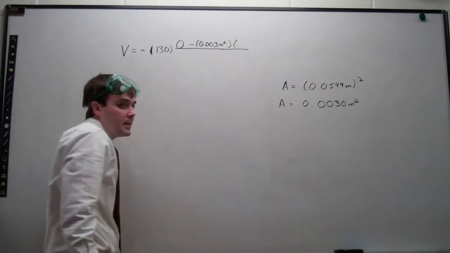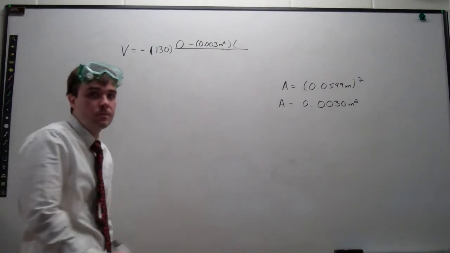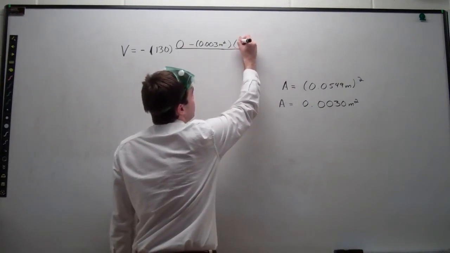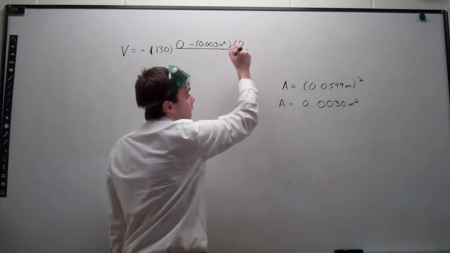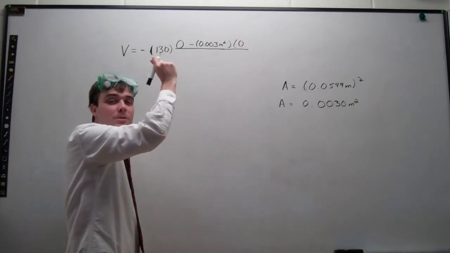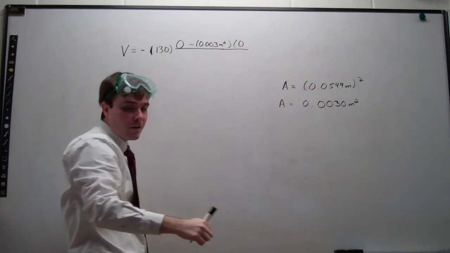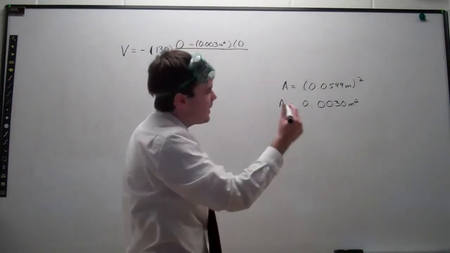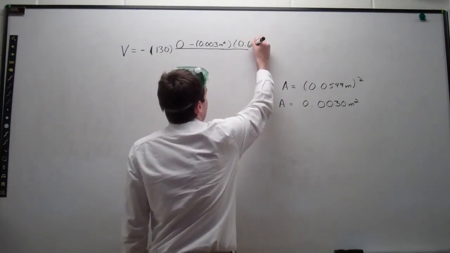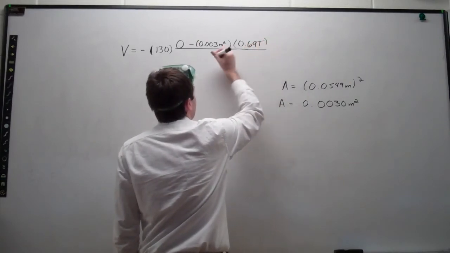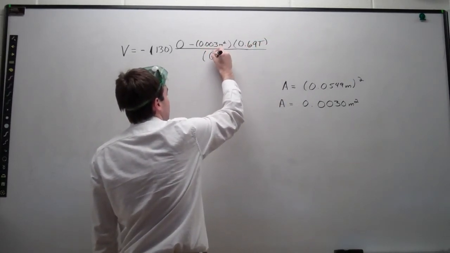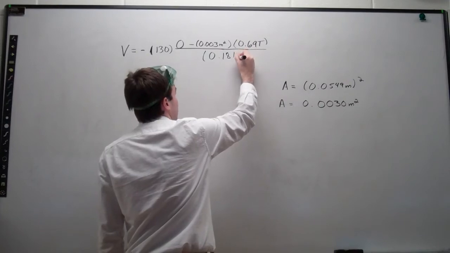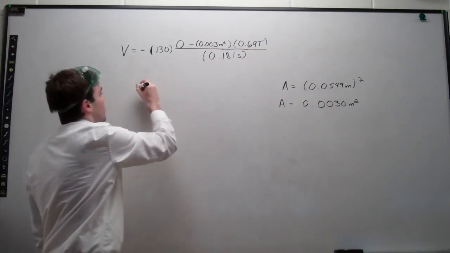And then what is the magnetic field through it? 0.69 teslas. And the time is 0.181 seconds.